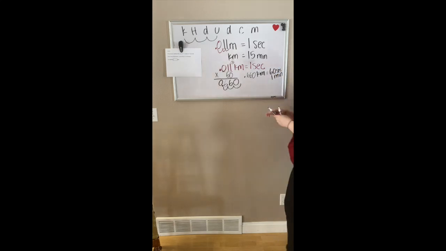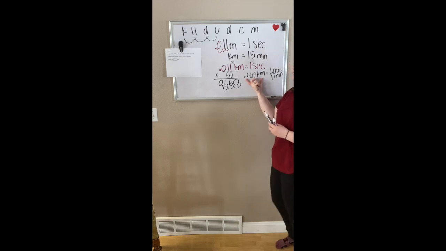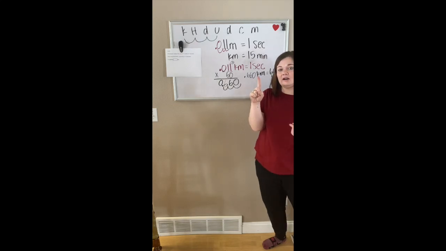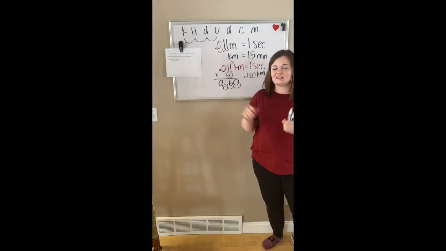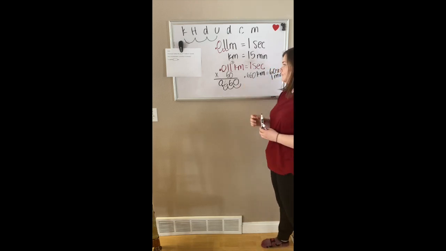So now I've got it into minutes, but 1 minute is not the same as 15 minutes. So now I have to convert this, because the European swallow flies 660 thousandths of a kilometer in 1 minute. So now we've got to figure out how many they do in 15 minutes. So I have to multiply this whole number by 15, okay?